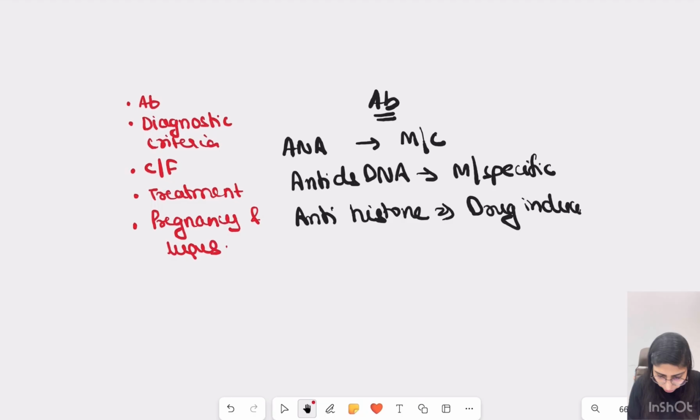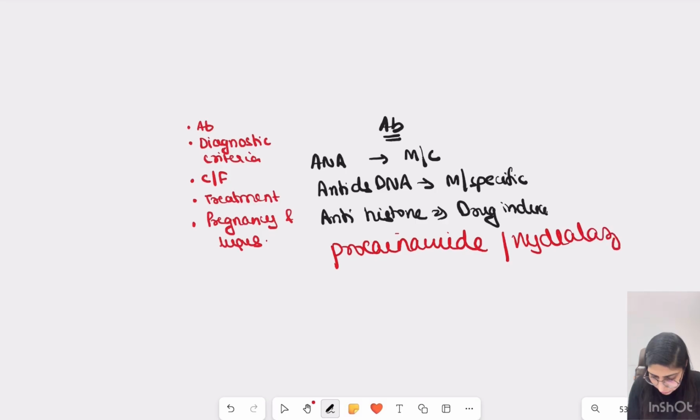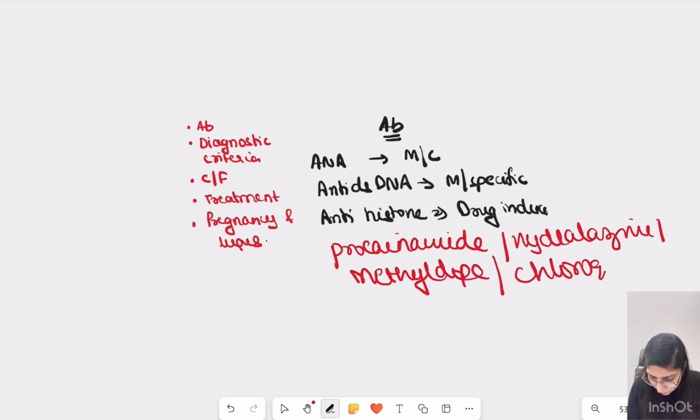The drugs are procainamide, hydralazine, methyldopa, chloroquine. Chloroquine is an anti-malarial, right? Procainamide is an antiarrhythmic. Hydralazine and methyldopa are used for hypertension. So these are the drugs that are known to cause lupus.